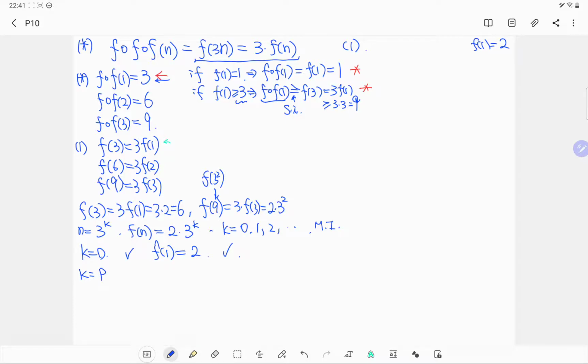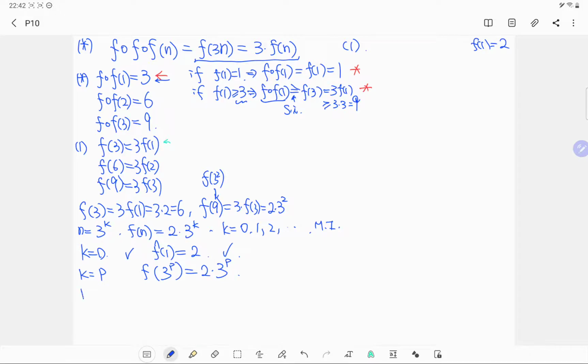So if k equals p, we assume f of 3 to the p power equals 2 times 3 to the pth power.